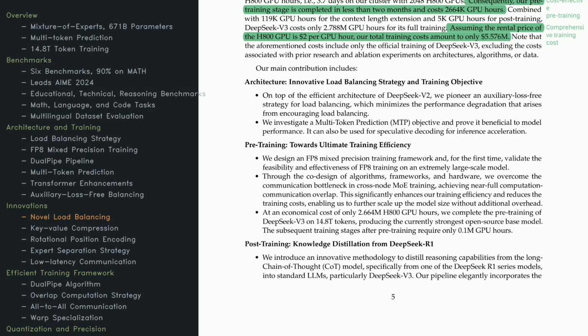During pre-training, the model's large-scale precision framework is tested, nearly eliminating communication lags and curbing resource costs. The main pre-training phase only used 2.664 million GPU hours while creating a leading open-source model. Afterward, in post-training, they built on reasoning found in earlier models to fine-tune DeepSeek V3. This final polish boosts accuracy yet remains efficient.